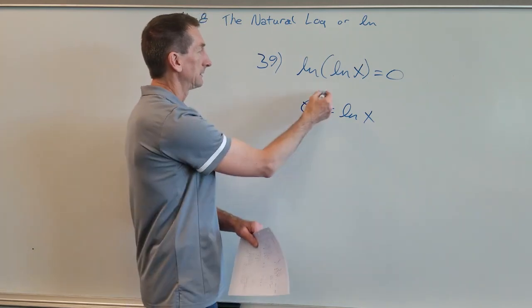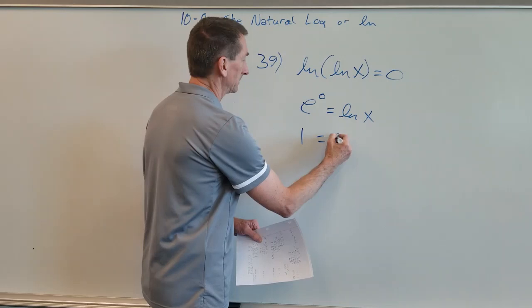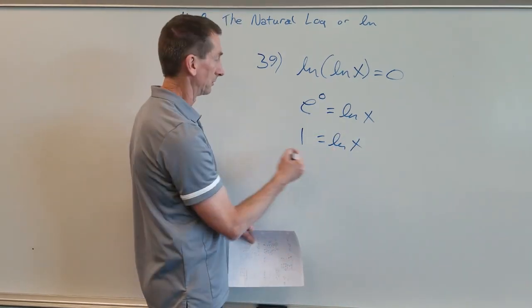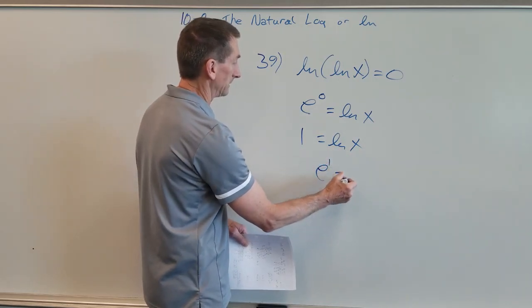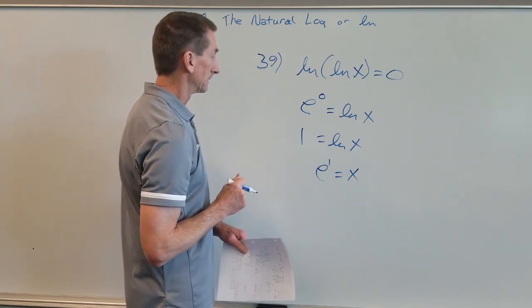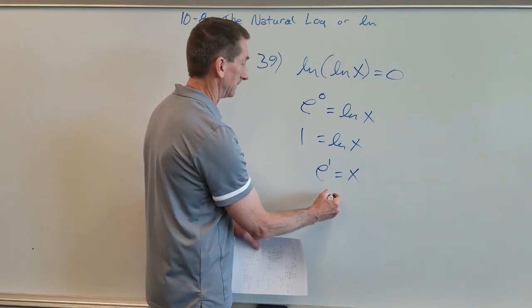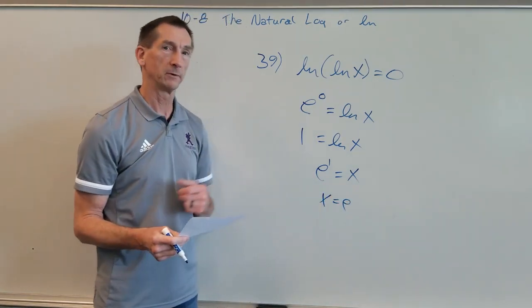Anything raised to the 0 power I know to be 1. So 1 is equal to natural log of x. Let's put this into exponential form. So I have e to the 1 is equal to x. Now I can see that x is equal to e. There you have it. There's number 39.